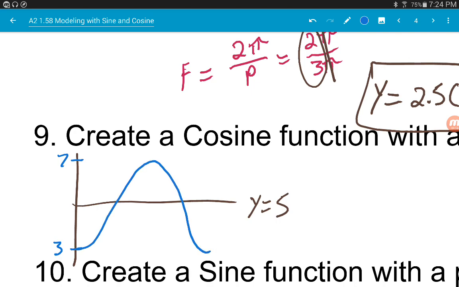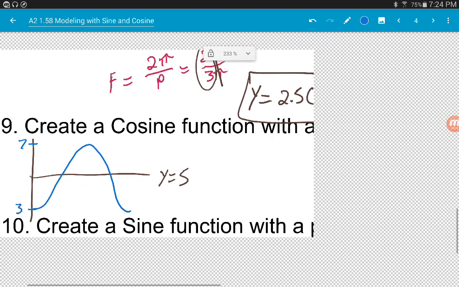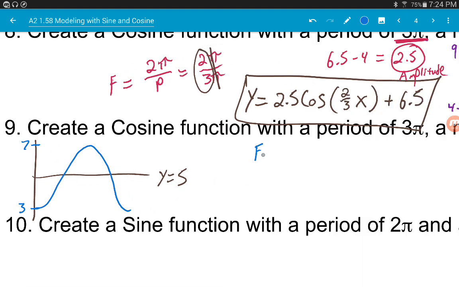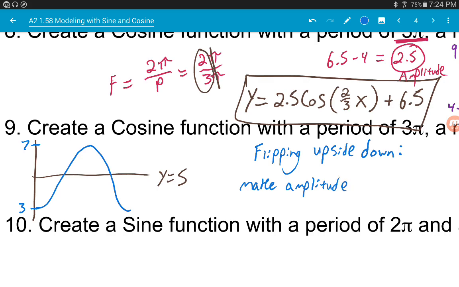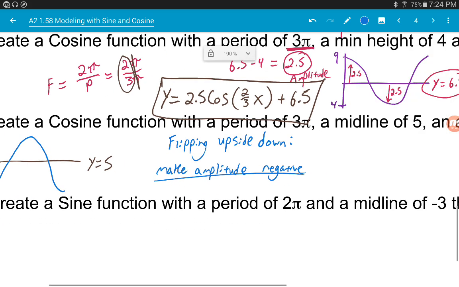So now it's an upside down U. Flipping upside down requires you to make the amplitude negative. That's it. Make the amplitude negative.